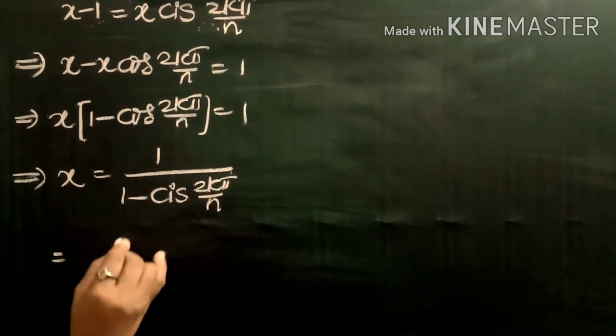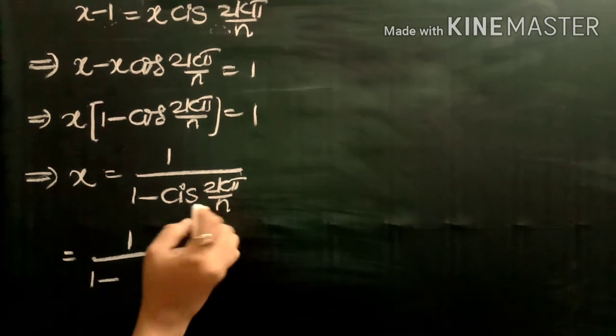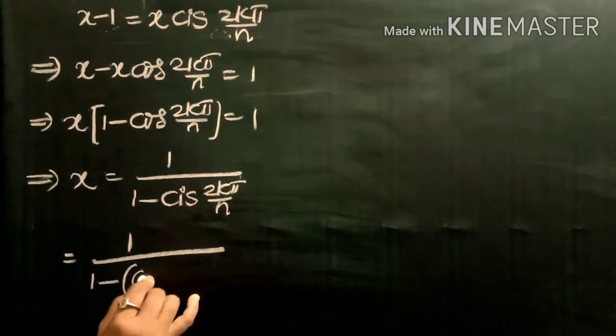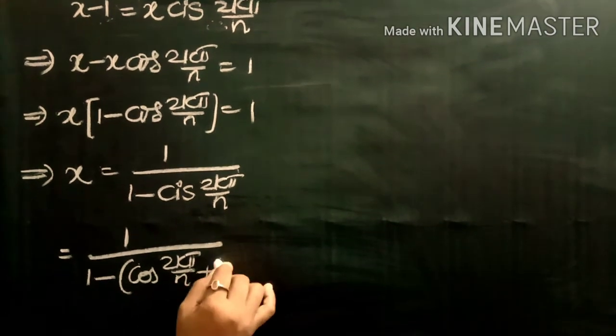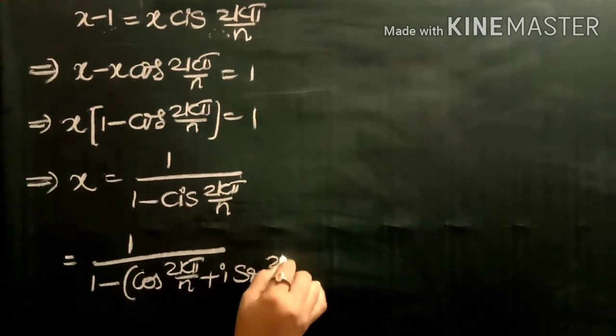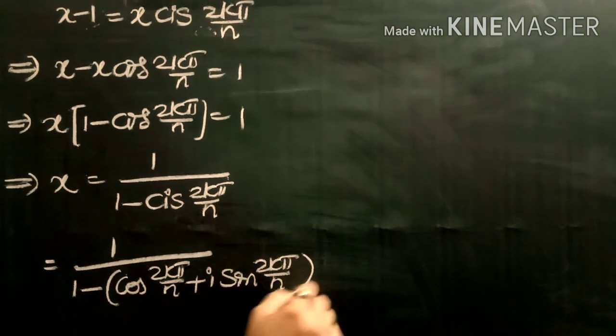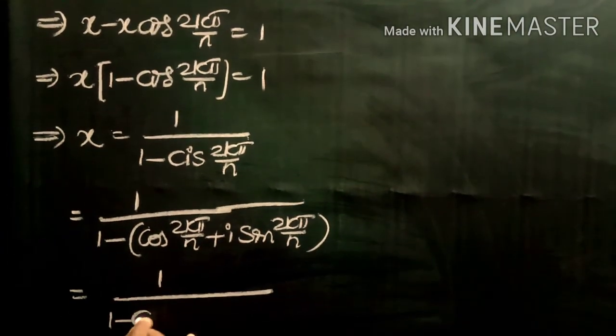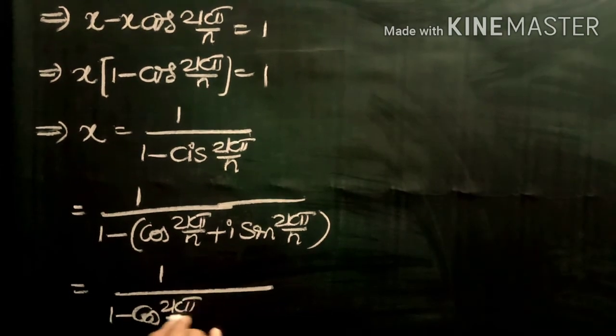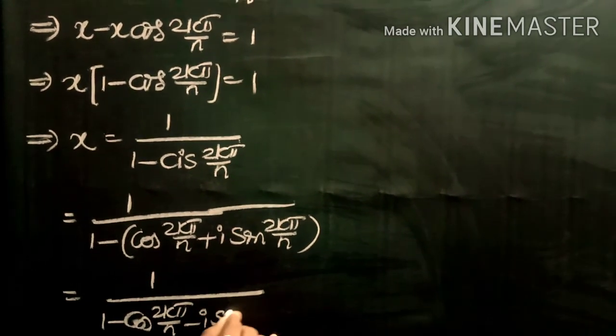That is, 1 by (1 minus cis 2k pi by n) is nothing but 1 by (1 minus cos 2k pi by n minus i sin 2k pi by n).